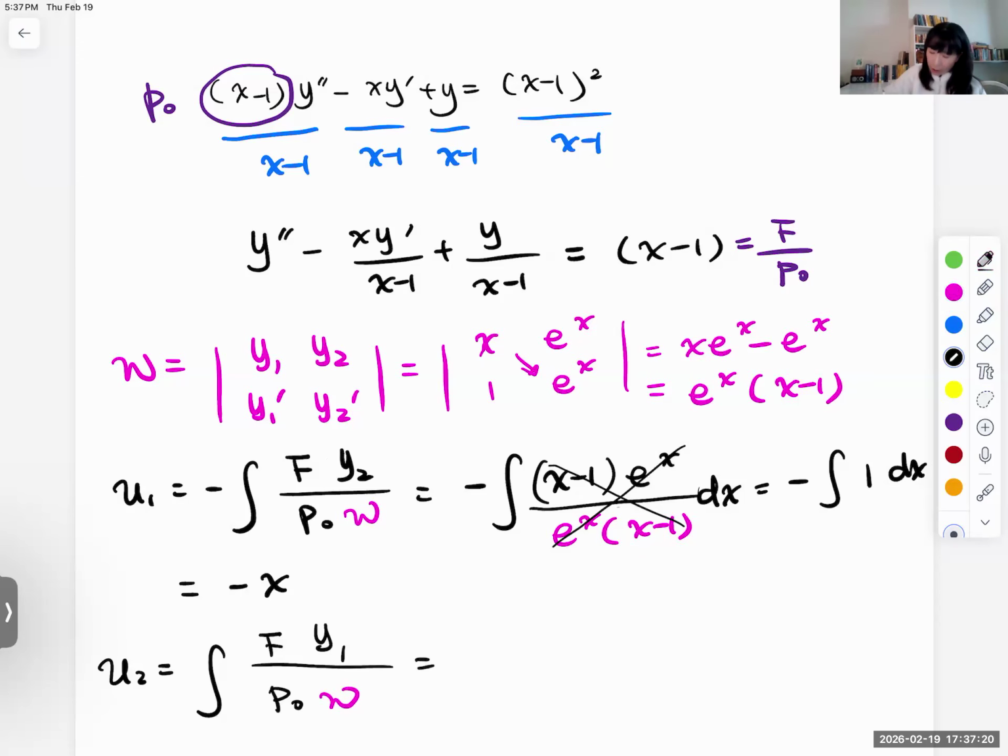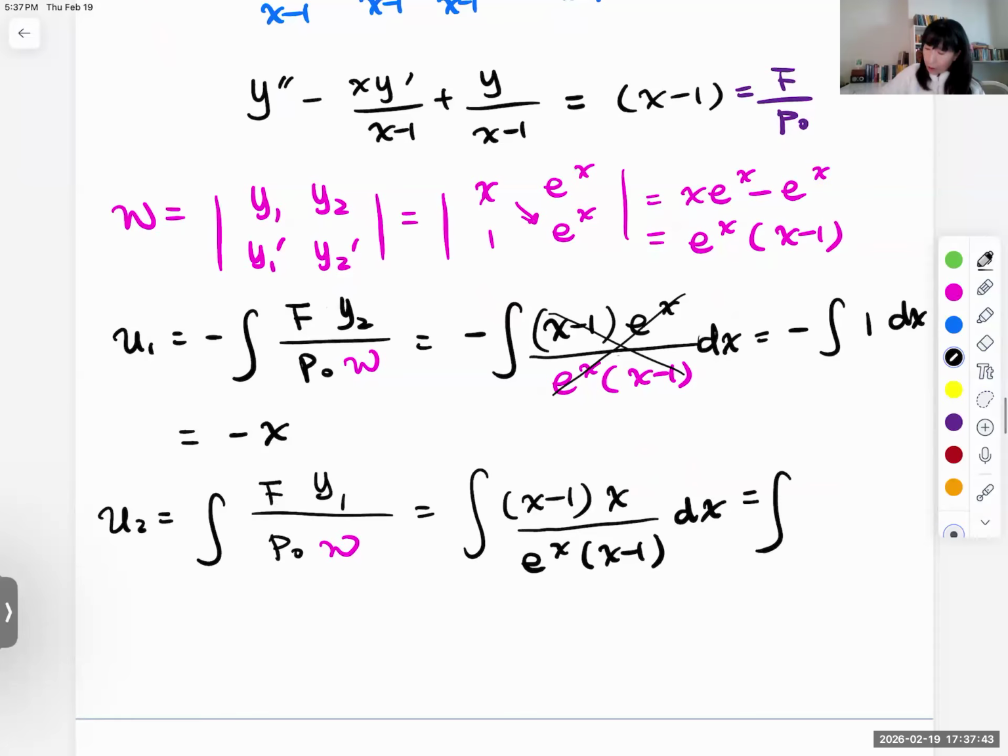So that will be x plus 1 for f over p naught, y sub 1, we have x over e to the x, x minus 1. Okay, we can simplify. So we will get x e to the x dx.